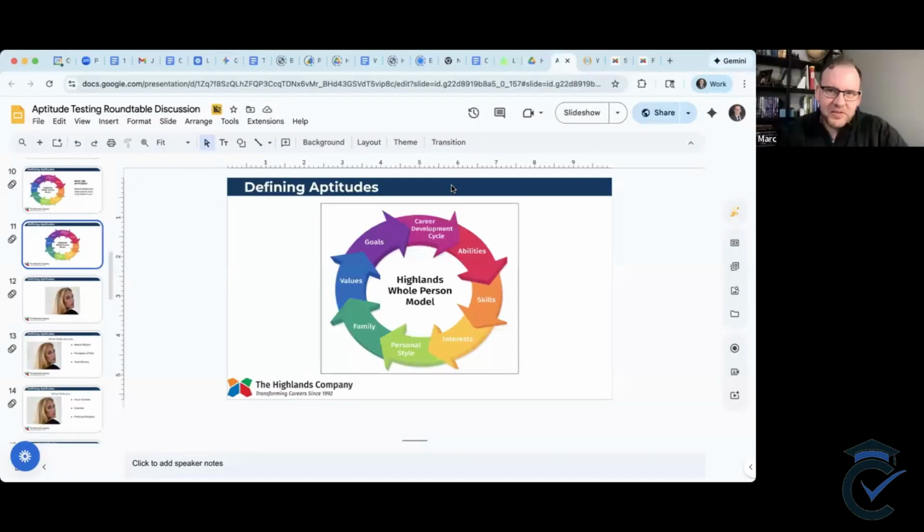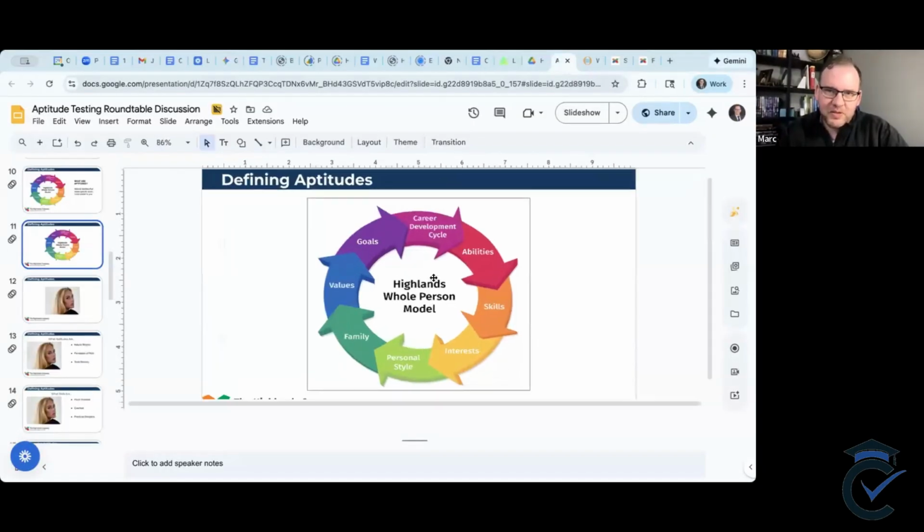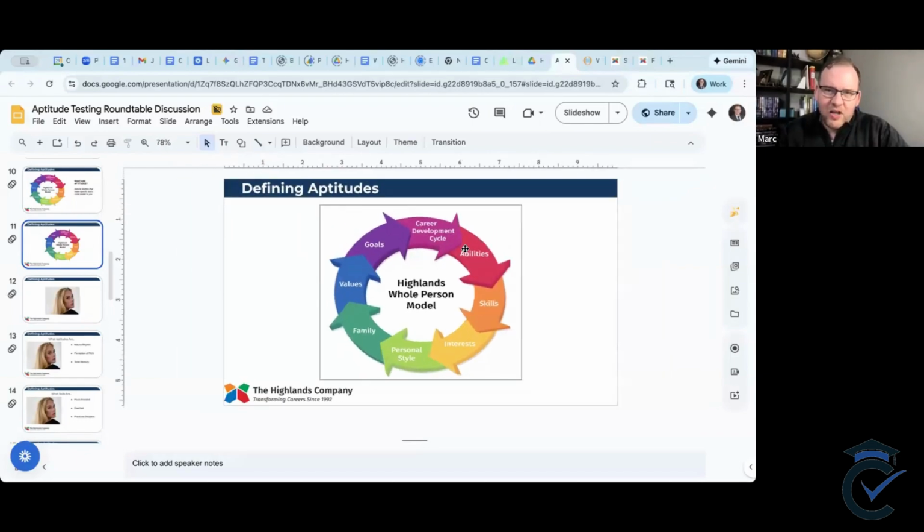One thing I do like about the training I got as a Highlands consultant was the Highlands whole person model. All of these arrows here, think of this as like an algebraic equation, A plus B plus C equals ideal career. All of these variables are important. One variable is not more important than the other. Heaven forbid you do something you're good at, but that you absolutely hate.